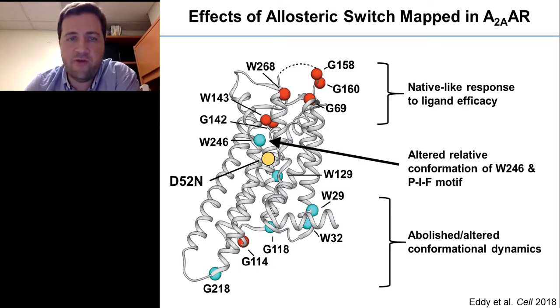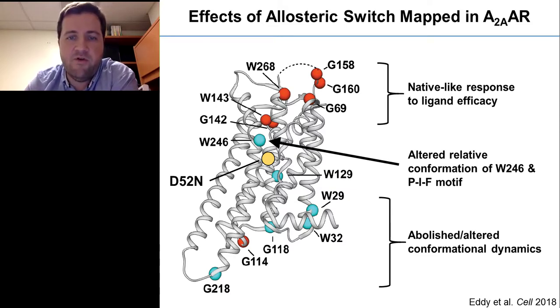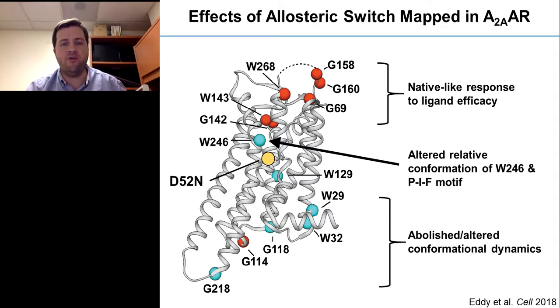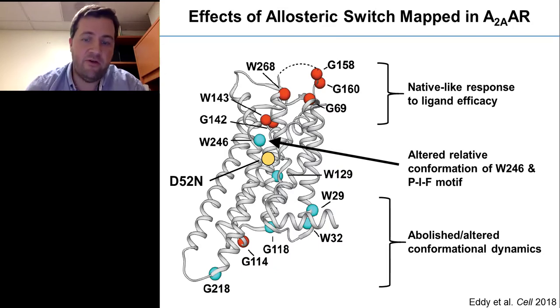At tryptophan 246, which is located just above this D52 site, we have an altered relative conformation of the side chain of tryptophan 246 with respect to this conserved PIF activation motif. And then at the intracellular surface, we have abolished or altered conformational dynamics. So in this study, we connect changes in the local structural environment around the toggle switch tryptophan 246 with changes in the conformational dynamics at the intracellular surface.